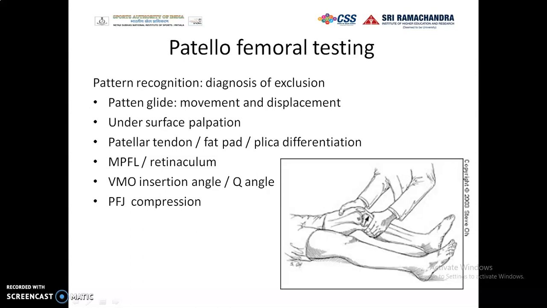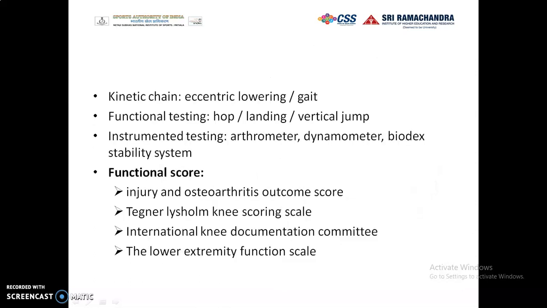So is it moving in all directions, or is there any restriction in the patellar glide? And then you should check whether there is any tenderness just below the patella. And we also check, is there any tenderness in the patellar tendon or fat pad or plica or differentiations. And then we also need to check for the medial patellofemoral ligament and retinaculum on both sides. And then also we need to check the VMO insertion angle and Q angle, and then patellofemoral joint compression.